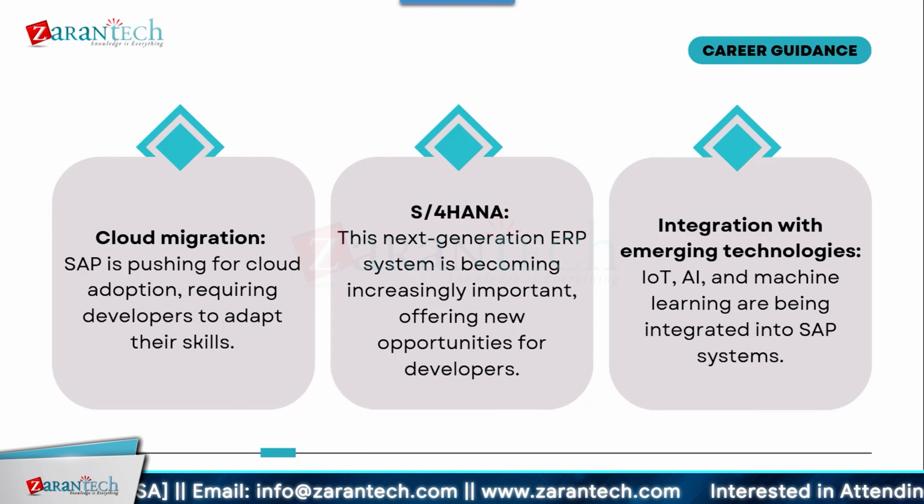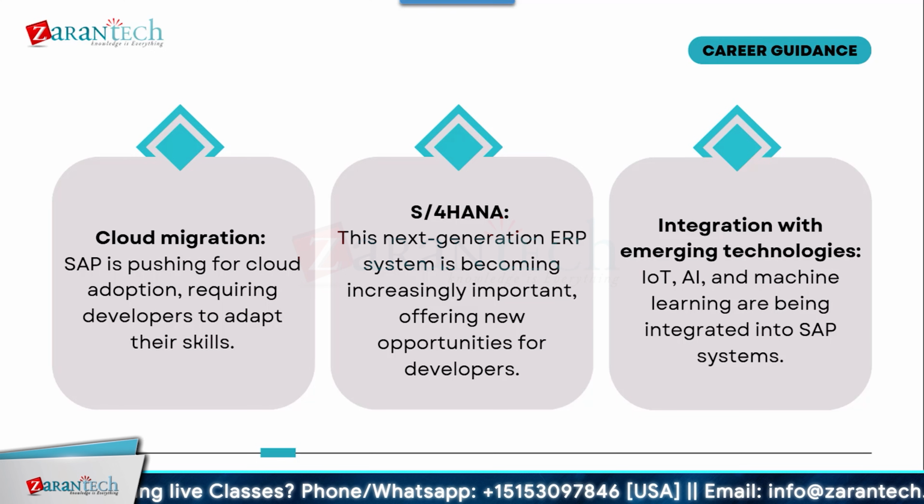So it's basically transforming the way businesses run with a simplified data model and faster processing speeds. Developers have new opportunities to innovate and create solutions with S4HANA. For example, companies using S4HANA can now automate processes, improve efficiency, and gain real time insights into business operations.